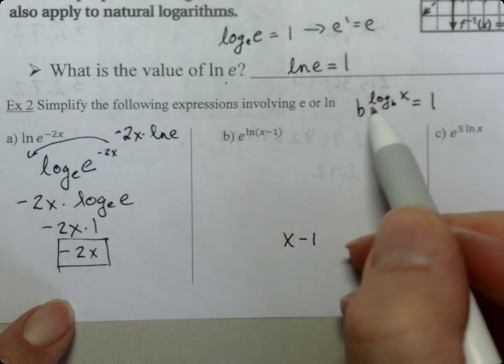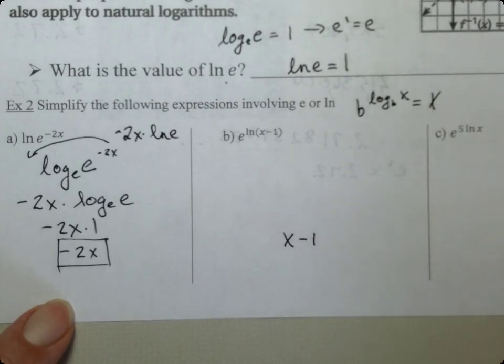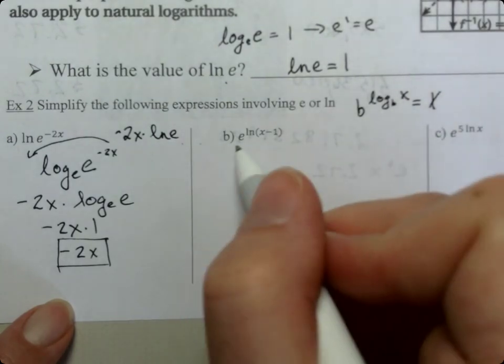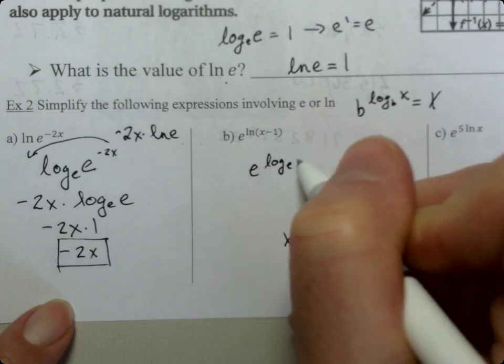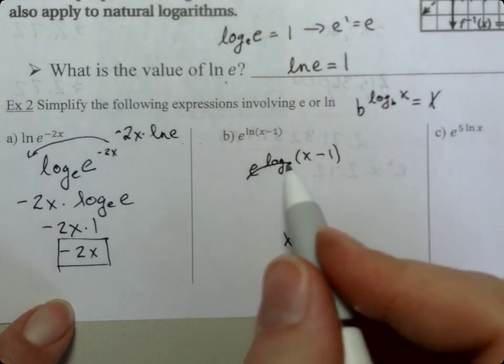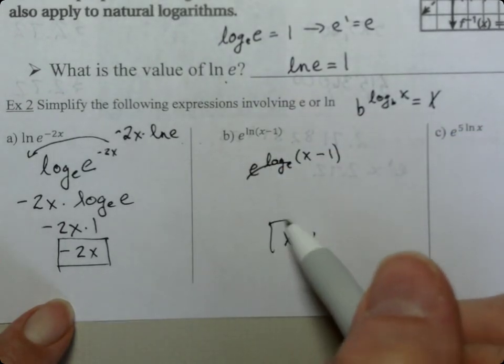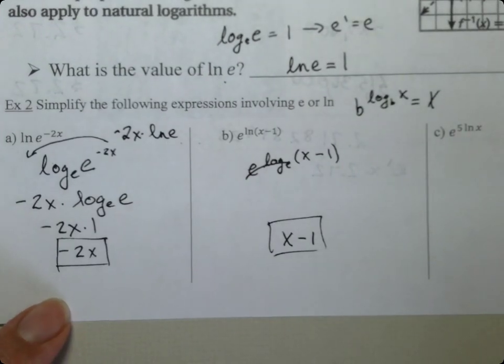Remember, if you have a base raised to the log with the same base of something, it equals that something, x, sorry. So this is e to the log base e of x minus 1. Well, base and log base e cancel, and we're left with just x minus 1. So I'm really just using my properties.